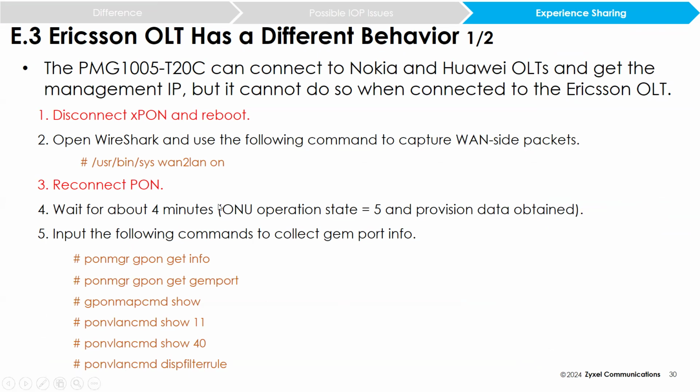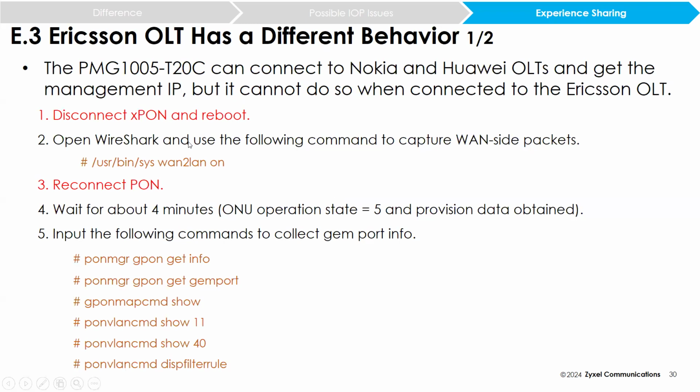For example, in this case, the customer noticed that when they connect RPNG 75 ONT devices to the Nokia and Huawei OLT devices, the PC connected behind our ONT devices is able to get an IP address through our ONT and OLT devices. But when they connect our ONT devices to the Ericsson OLT, the PC connected behind the ONT is not able to get an IP address through the ONT and the OLT.